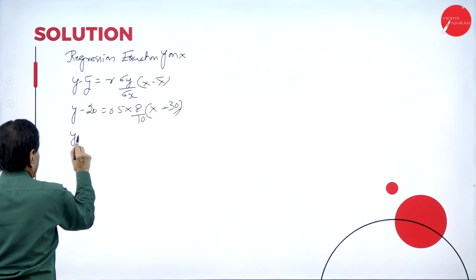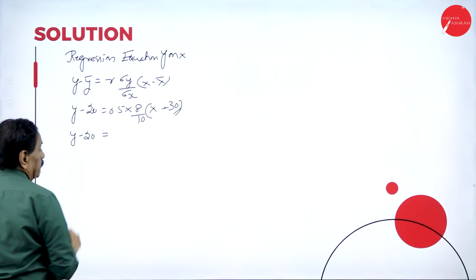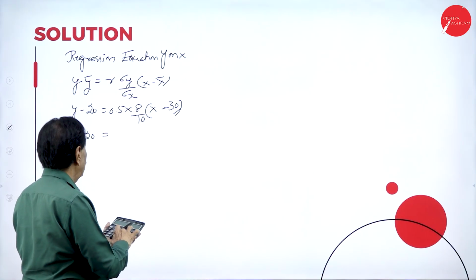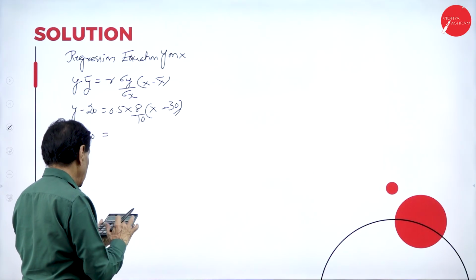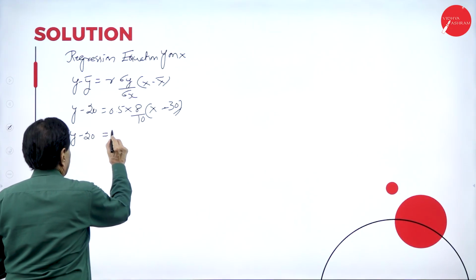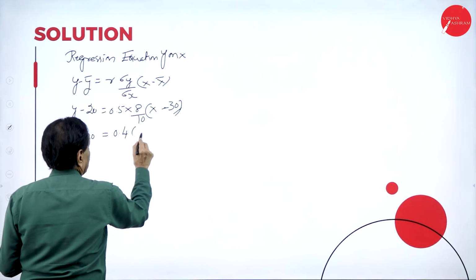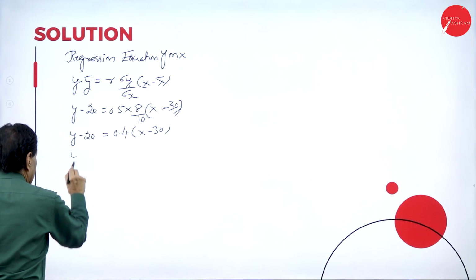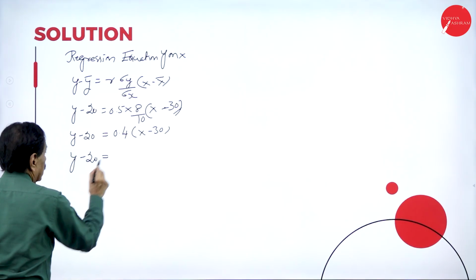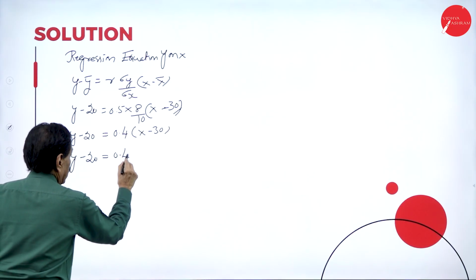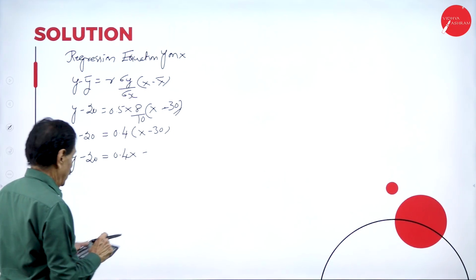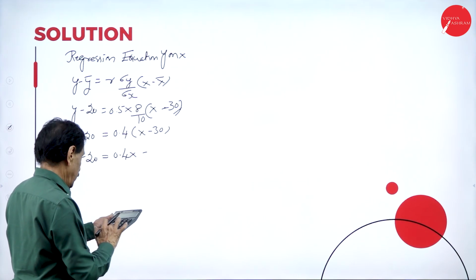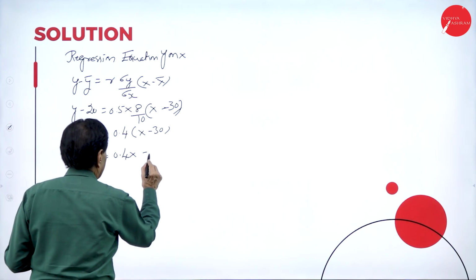Y minus 20 equals 8 divided by 10 into 0.5, which is 0.4, into x minus 30. Y minus 20 equals 0.4x minus 0.4 into 30, that is 12.